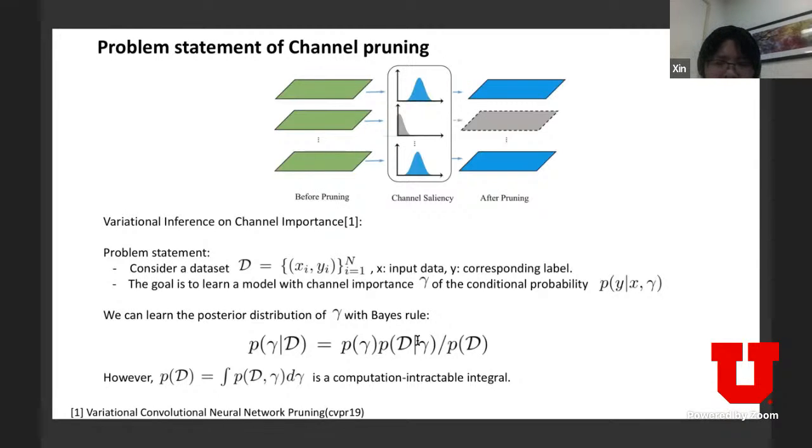I think it's still a little different from P(Y given X and gamma). When we use variational inference, we didn't need to calculate the right side of this equation. We just use another way to estimate P(gamma given D), right? Yes.